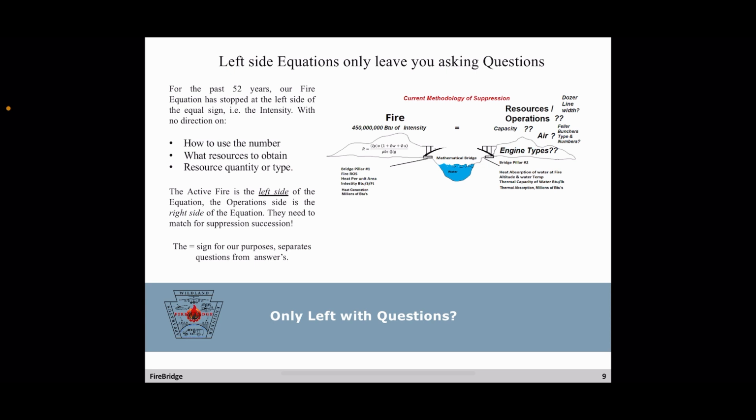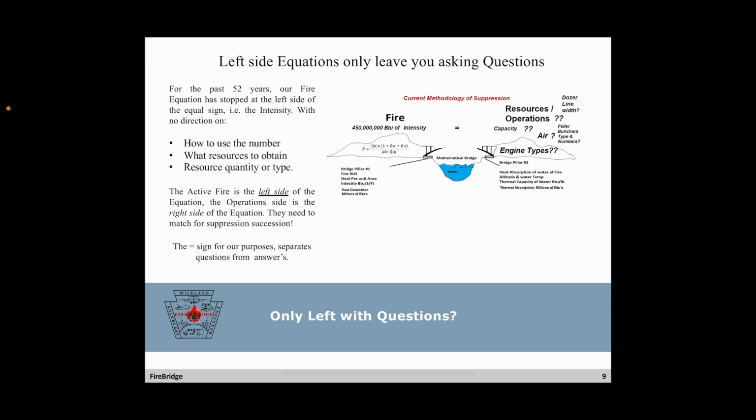So the left side equations only leave you to asking questions. For example, if the fire here, again, 450 million BTUs of intensity every second, it leaves you to, okay, so dozer line width, what size is that? Capacity of resource and operations capacity, air capacity and type, feller bunchers type and number, engine type and number.